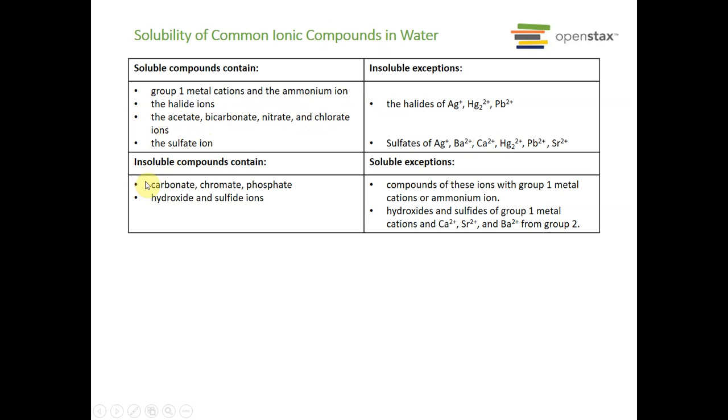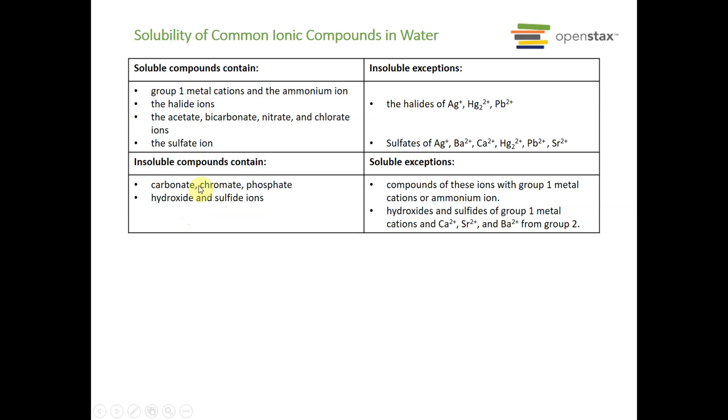Now, whenever you come across a carbonate, chromate, phosphate, hydroxide, or sulfide, expect it to be insoluble, with the exception of those of group 1 metal cations. So, with the exception of sodium hydroxide, lithium hydroxide, potassium hydroxide, all the other hydroxides are going to be insoluble, like chromium and magnesium and copper and titanium.